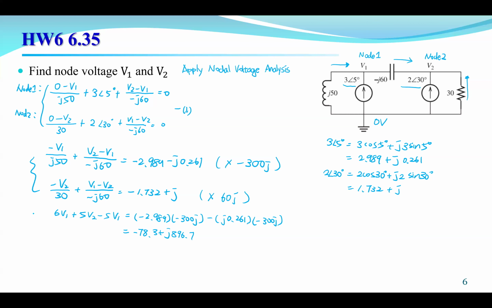So we have 2j V2 plus V1 minus V2 equals minus 1.732 times minus j60, minus j times minus j60, which is 60 plus j103.92.